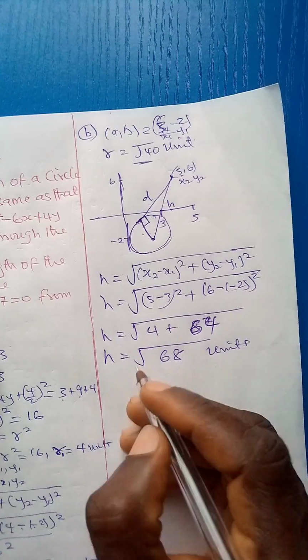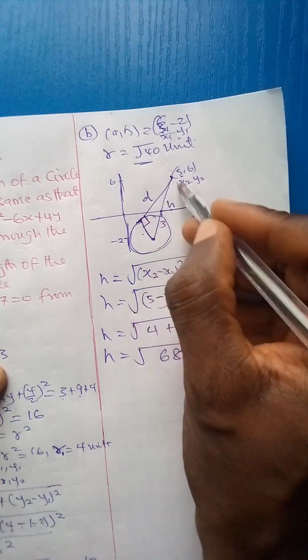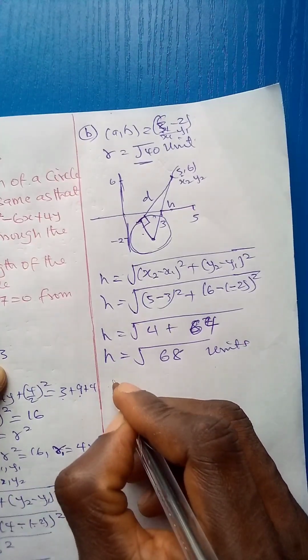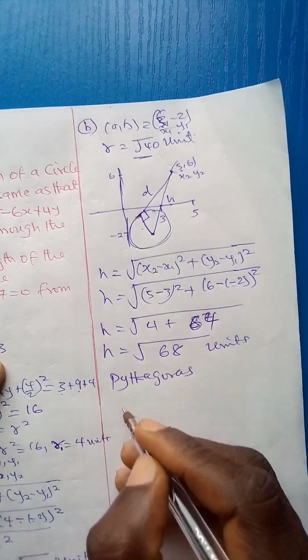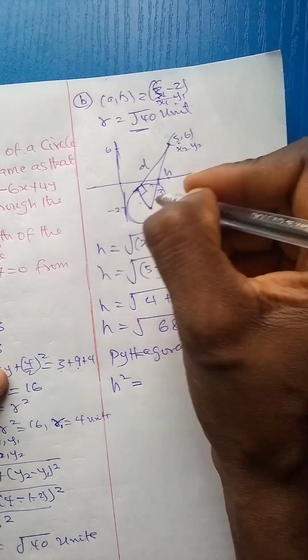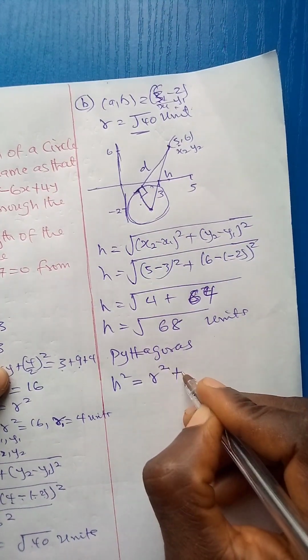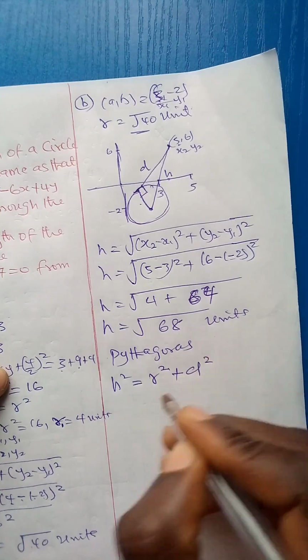So, applying Pythagoras theorem, let's remember we are finding this, and this is a right angle triangle. Applying Pythagoras theorem, we have h squared, that's the hypotenuse side, equals the radius squared plus the distance squared.